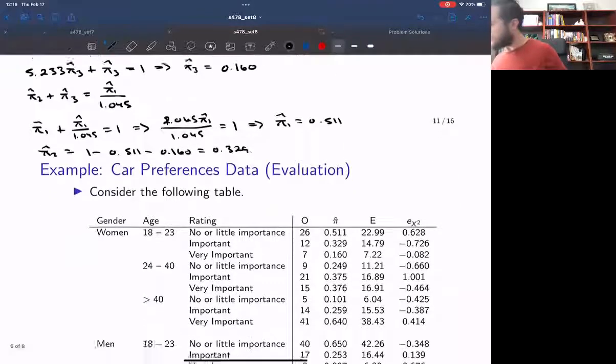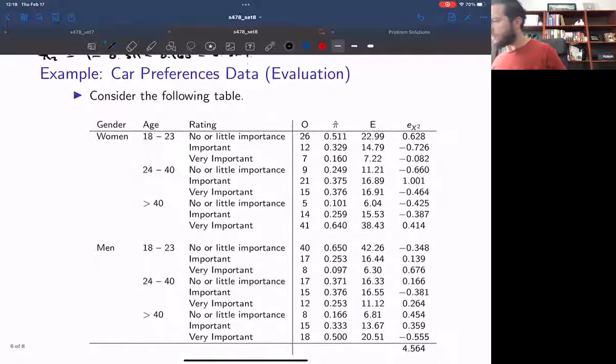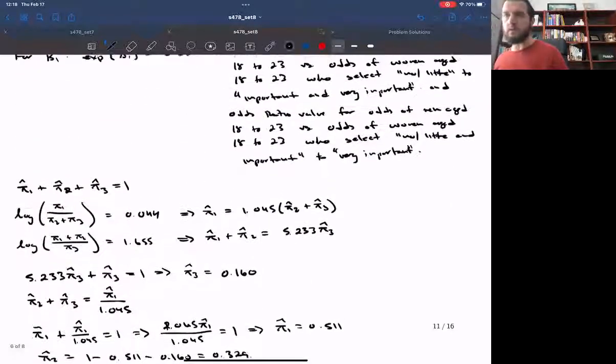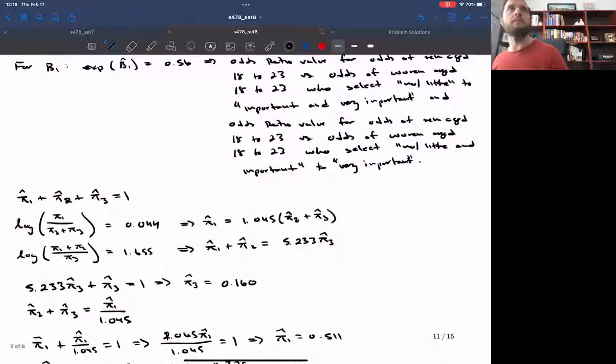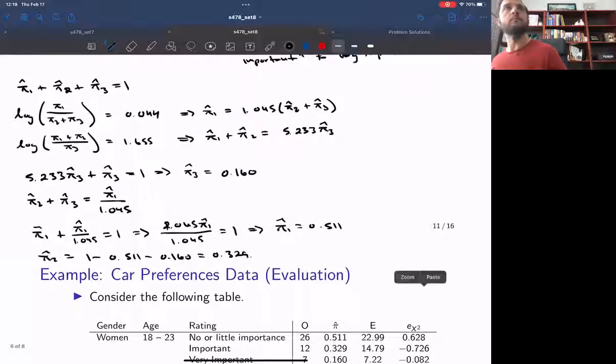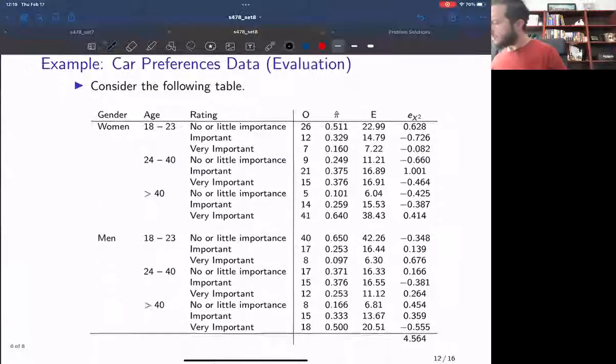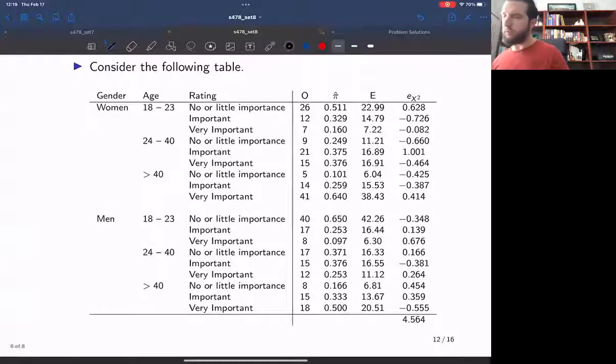Okay, only a couple of minutes left here. Does anyone have any questions? All the output in the table is exactly the same as it was before. The expected values are the pi times the n for each age group. The residual value is observed minus expected divided by the square root of the expected.